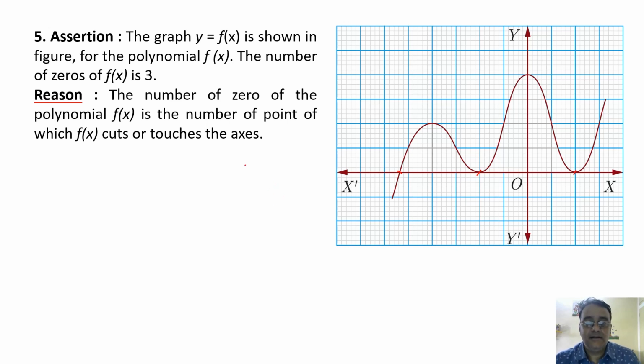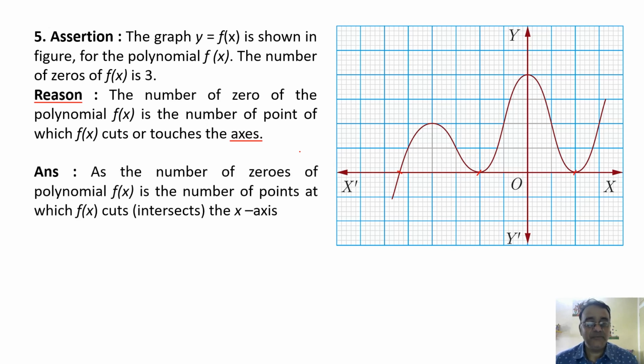Yes, sir. Axis means both, it is a plural word, x axis and y axis both are given. So is the reason correct or false? False. Here which axis do we have to look at? The x axis. As the number of zeros of polynomial f of x is the number of points at which f of x intersects the x-axis, the number of zeros in the given figure is 3.